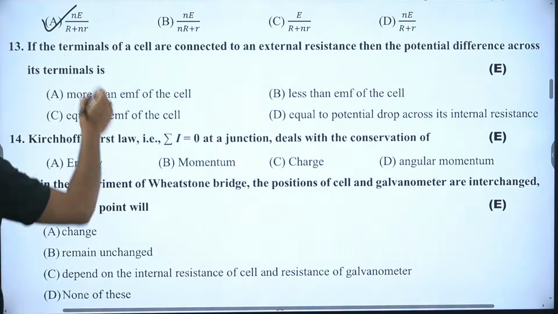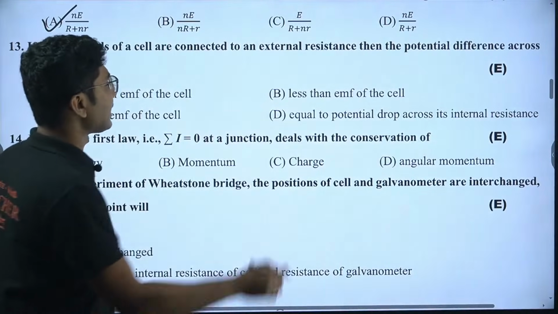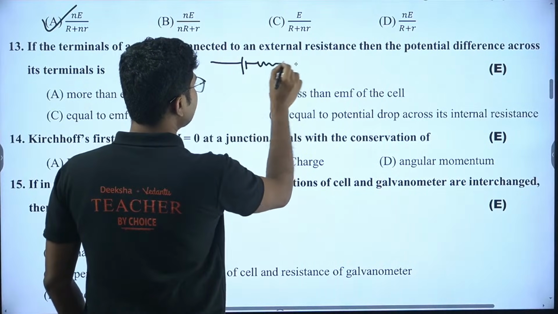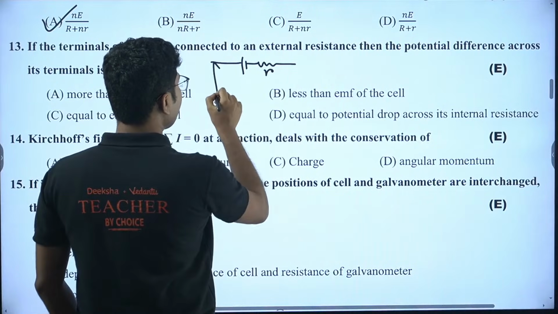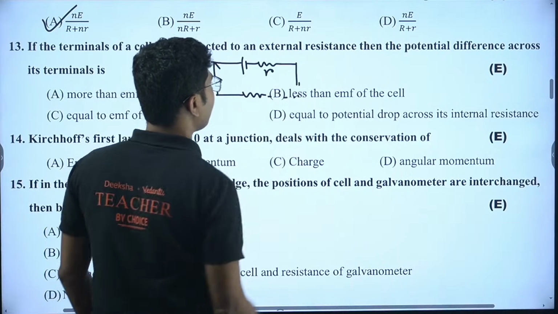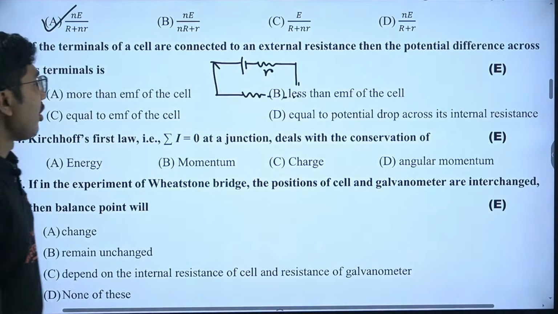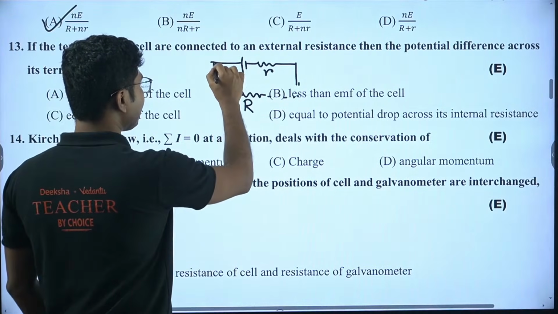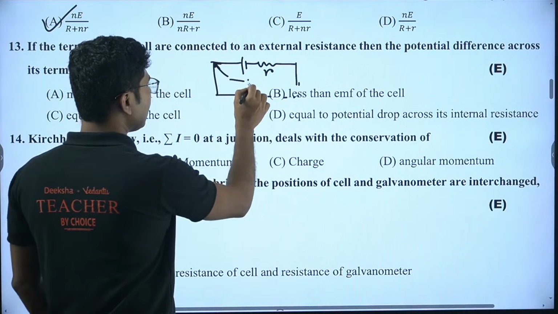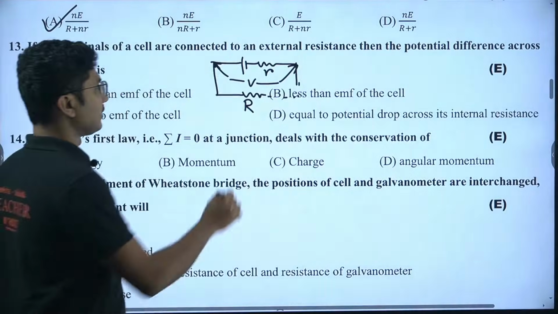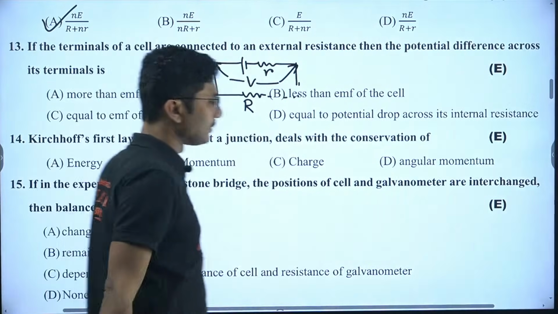The terminals of a cell are connected to an external resistance. So we have a cell, which obviously has some internal resistance, and we have connected it to some external resistance, say R. Then what will happen to the terminal potential? Terminal potential is this voltage. Let's see.